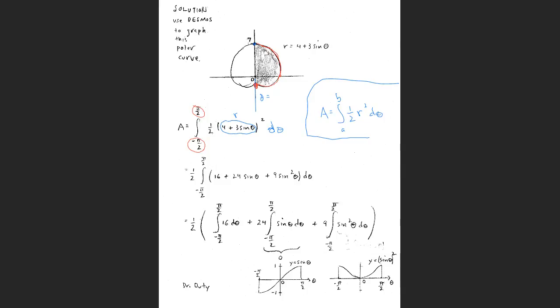So theta starts at negative pi over 2, and then theta is going to take on all the values from negative pi over 2. What would the value of theta be, by the way, class, right here at this big red point?